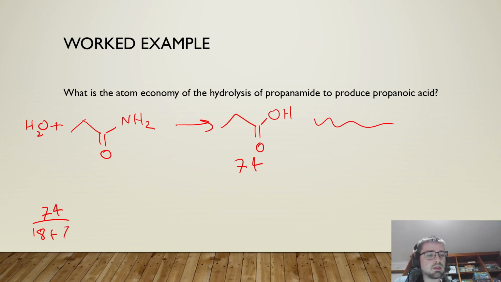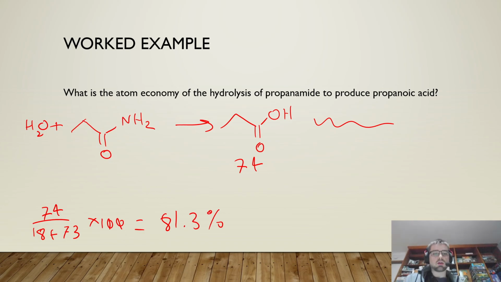It's going to be 73. Times that by 100. 74 over 18 plus 73 times 100, and we're going to end up with 81.3% atom economy over here.